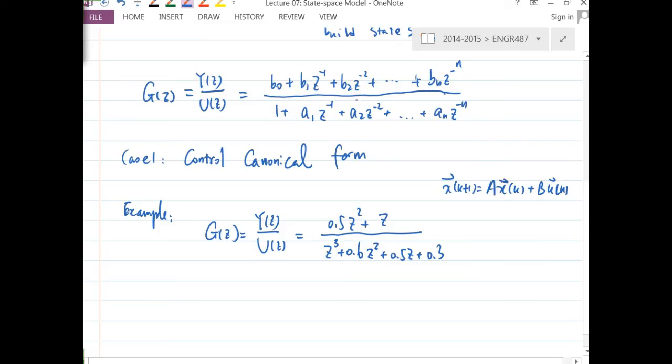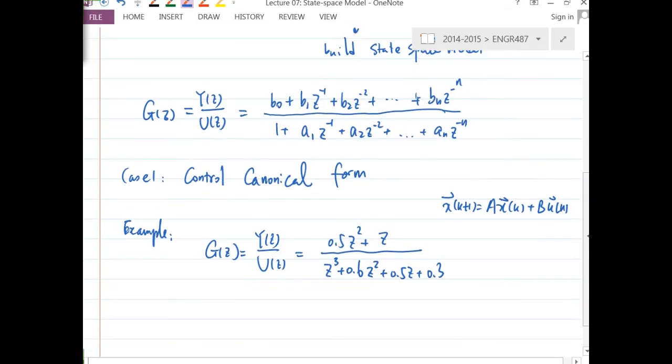Typically, the order of the denominator should be higher than or equal to the order of the numerator. I'll show you later; this is to satisfy the causality of the system. If the order of the numerator is higher than the order of the denominator, then the system is not causal.